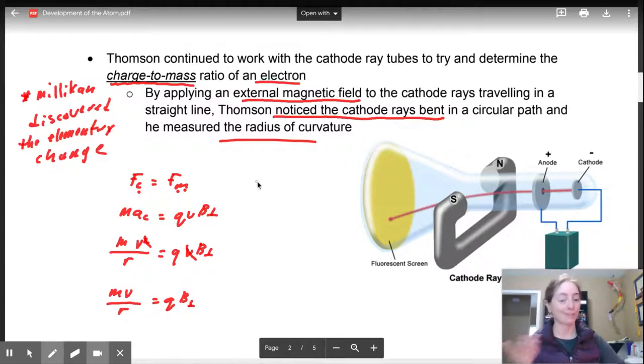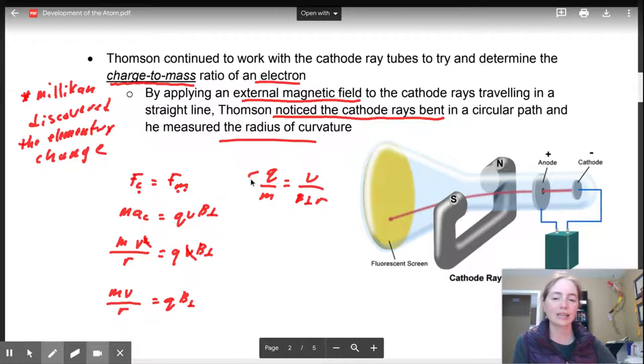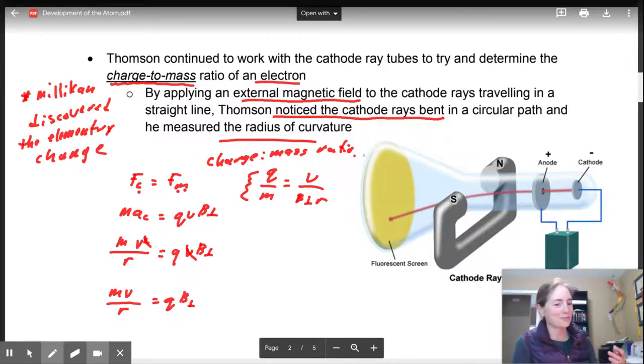So I'm going to divide both sides by mass, and then I'm going to divide both sides by B. Once you have done that, you are going to wind up with q over m equal to v divided by B perpendicular times the radius. So this, ladies and gentlemen, this q over m, is your charge to mass ratio. That is what we're looking for. That's what Thomson wanted to find.